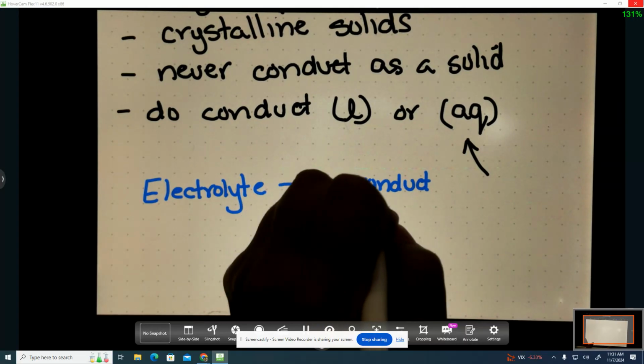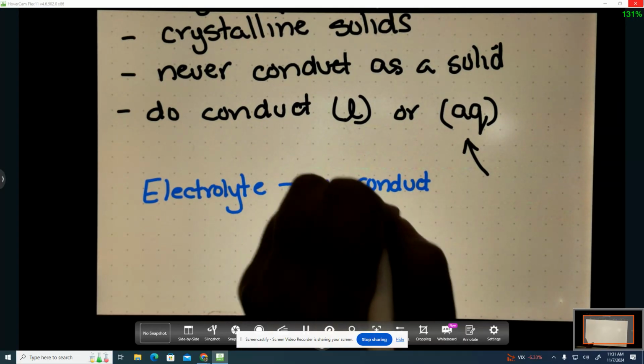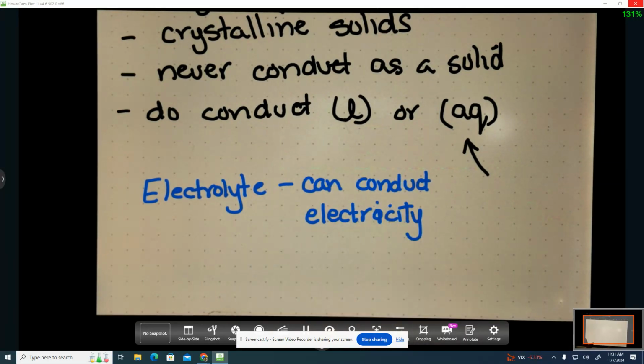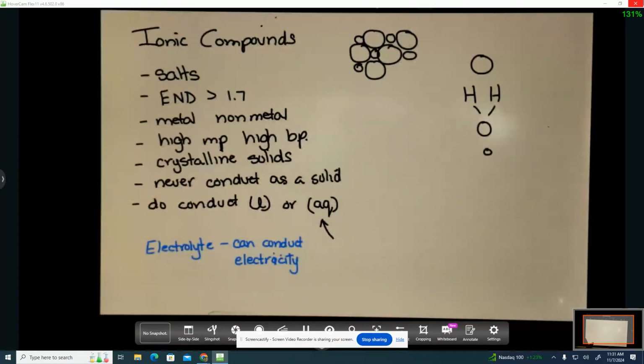Water is not an electrolyte. Water can't conduct electricity. It's the salts that are dissolved in the water that are allowing those ions from the salts to move around. That's what's conducting electricity.